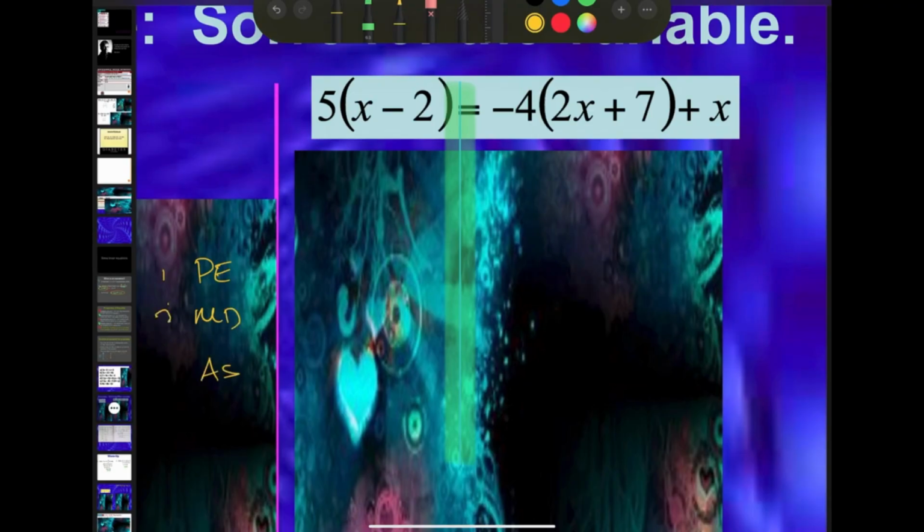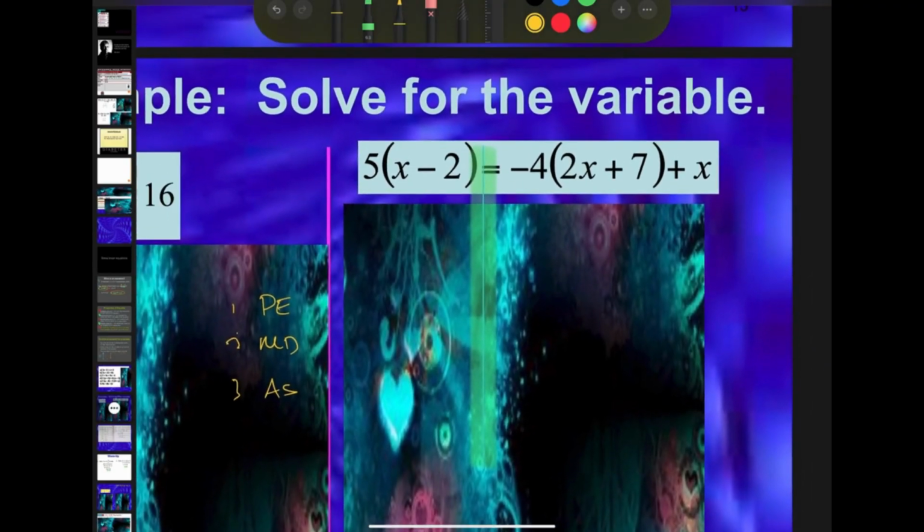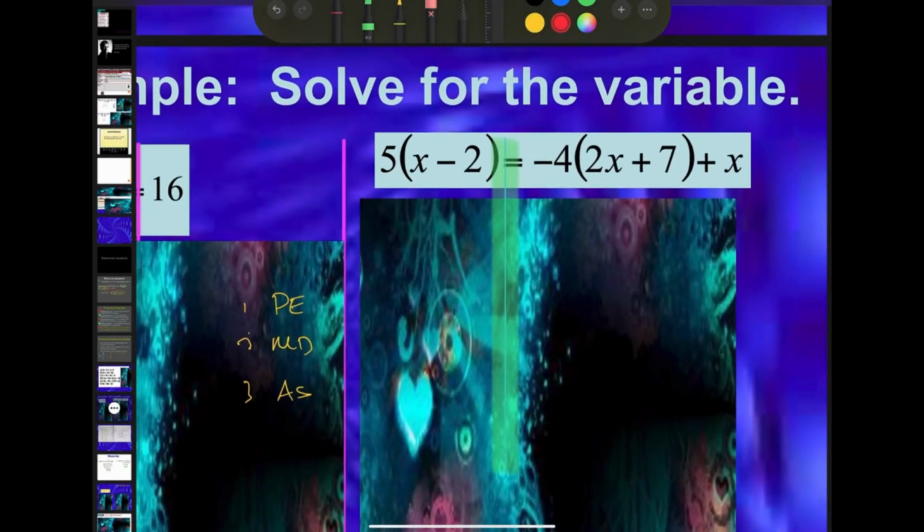But the difference here is that you're not simplifying an expression, you are solving. So solving means we're going to go from bottom to top. Now in this particular problem, I do see an addition and subtraction. I see it over here, but I'm probably not going to subtract the x until I get more stuff. So I'm going to come back to this one, okay?